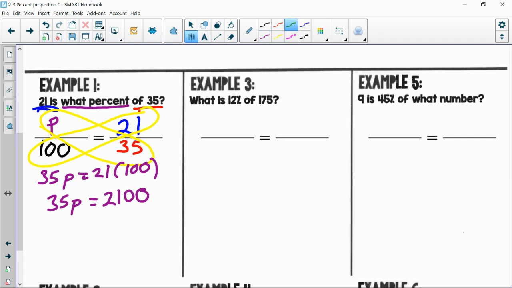Now remember, we have to divide by our 35 so that we cancel it out. And this is where you're going to have to remember, how do we actually divide? When you're doing this long division, you are putting your 2100 in the box. We're going to divide by 35.